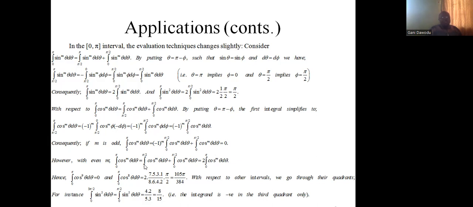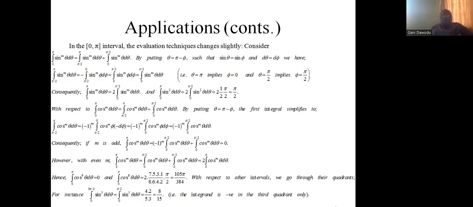Yes, there is something that is also worthy of note. If you don't know how it behaves in the quadrants, and if you don't know the nature of m as to whether it is even or odd, you may not know when this minus 1 will be usurped.